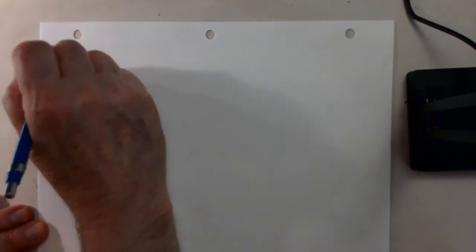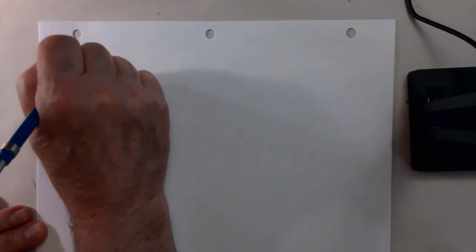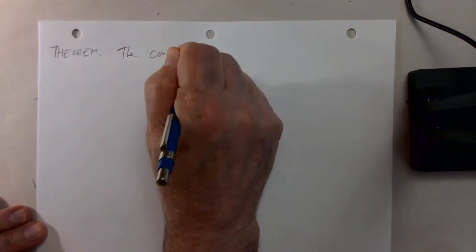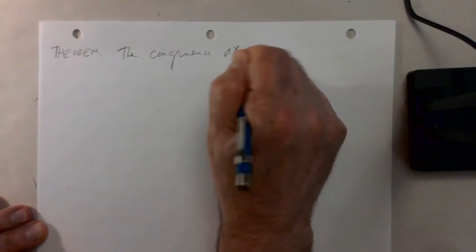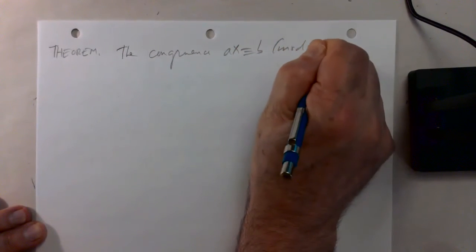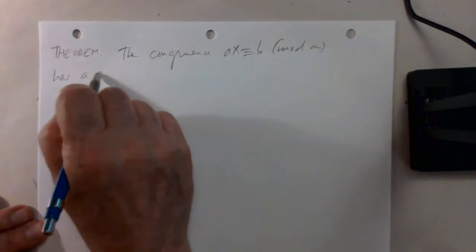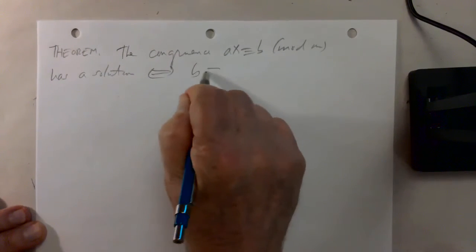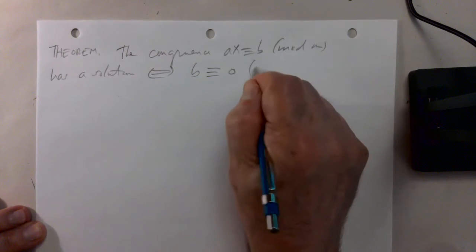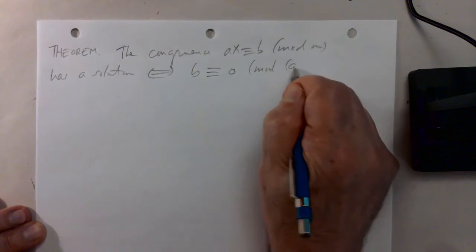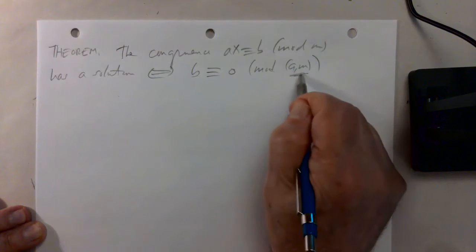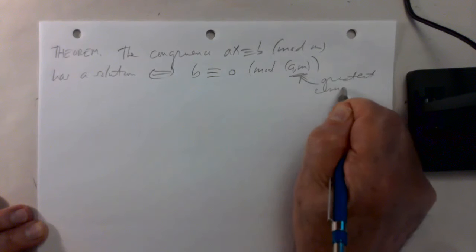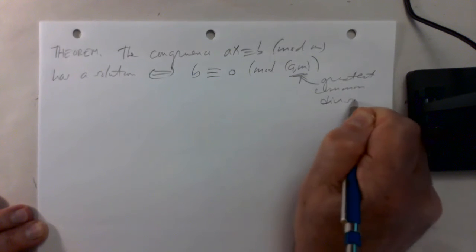So I'll state this as a theorem. The congruence ax congruent to b mod m has a solution if and only if b is congruent to 0 modulo the greatest common divisor of a and m. Remember, this means greatest common divisor.